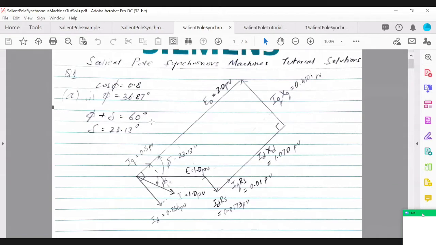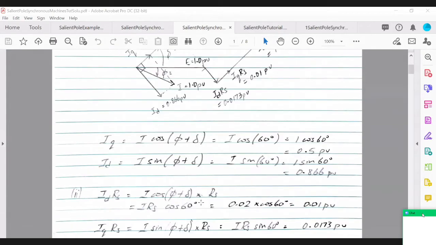Sorry, it's the sum of phi plus delta. So the angle between I and the excitation voltage is phi plus delta. That's 60 degrees here.